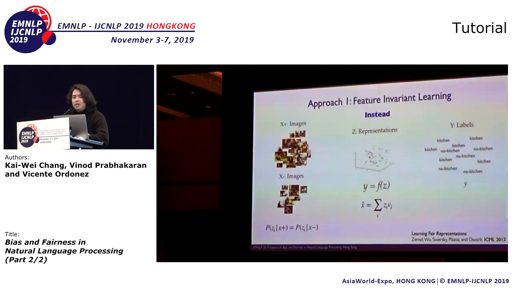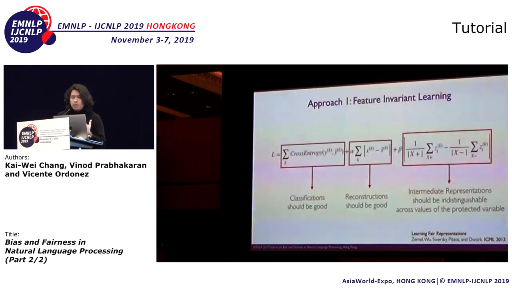So they have a proposal where they use this loss function. The loss function might look very complex, but essentially it is trying to achieve three things. The first component is just a cross-entropy loss, which is very common for classification. So you want your classification still to be good, so you should optimize that, absolutely. The second term is a reconstruction loss. So your reconstructions need to be good.